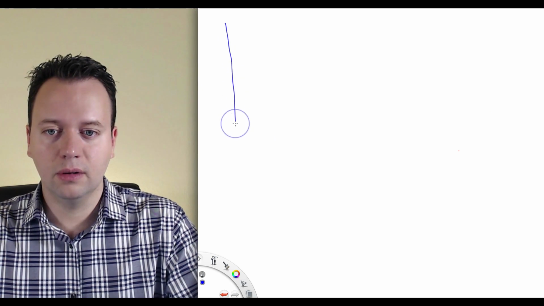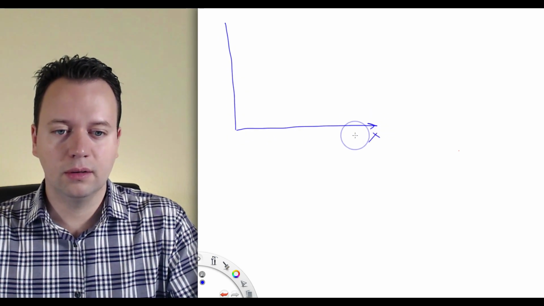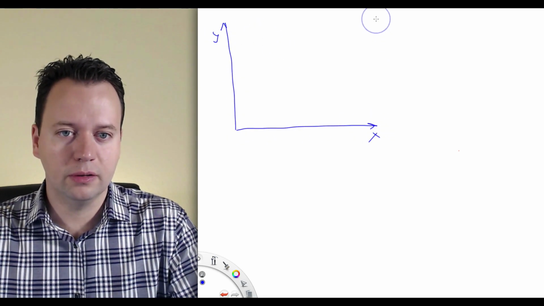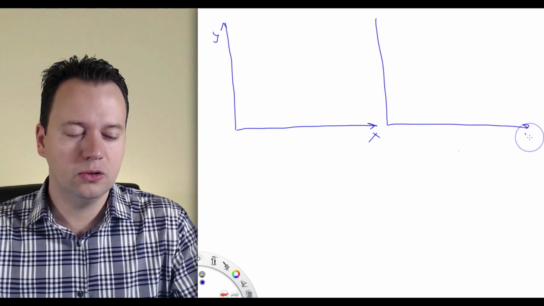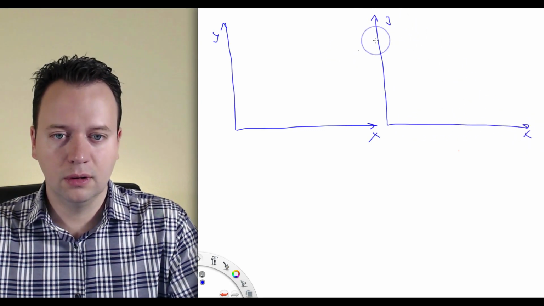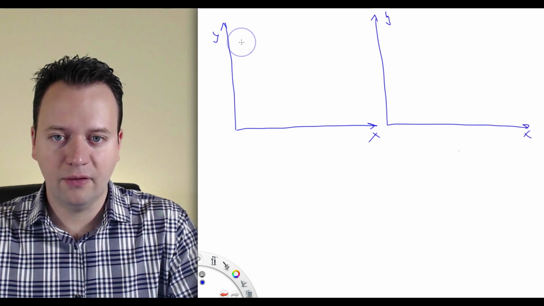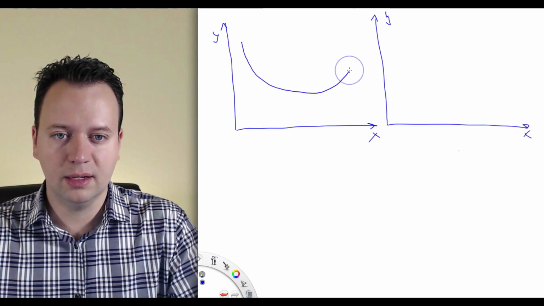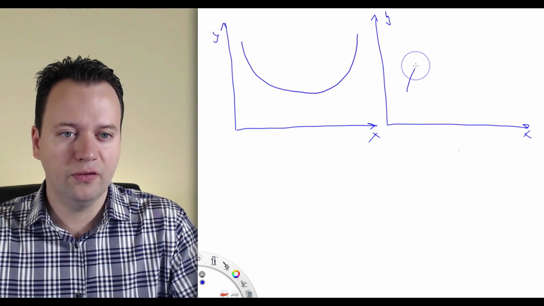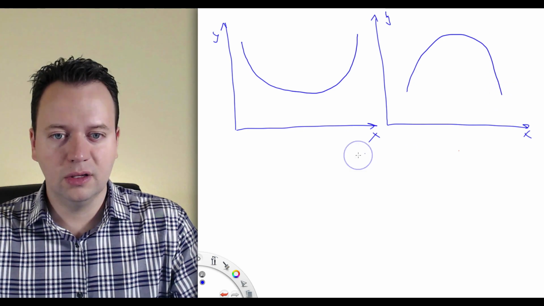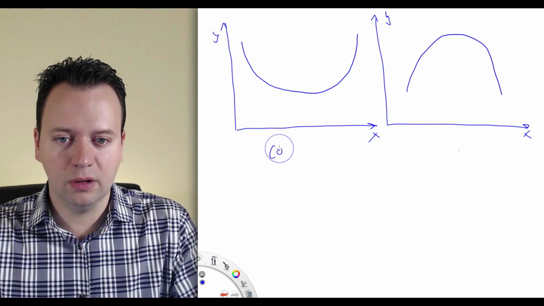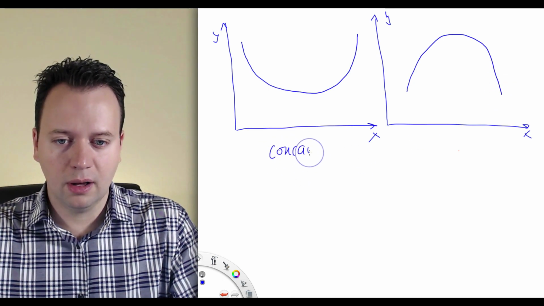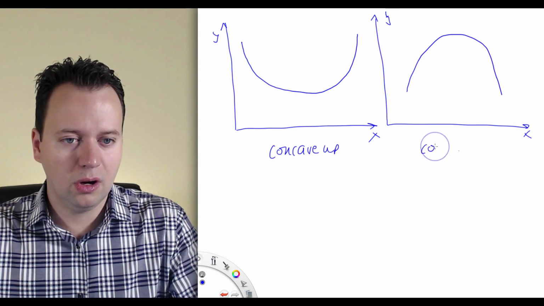So a reminder, we'll draw 2 shapes. So here we have a function that looks like this. And here we have the function that looks like that. So these are the archetypical concave up, concave down.